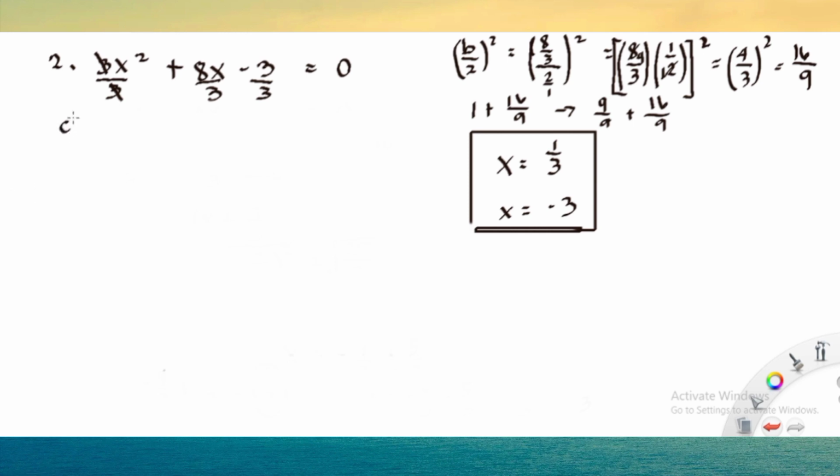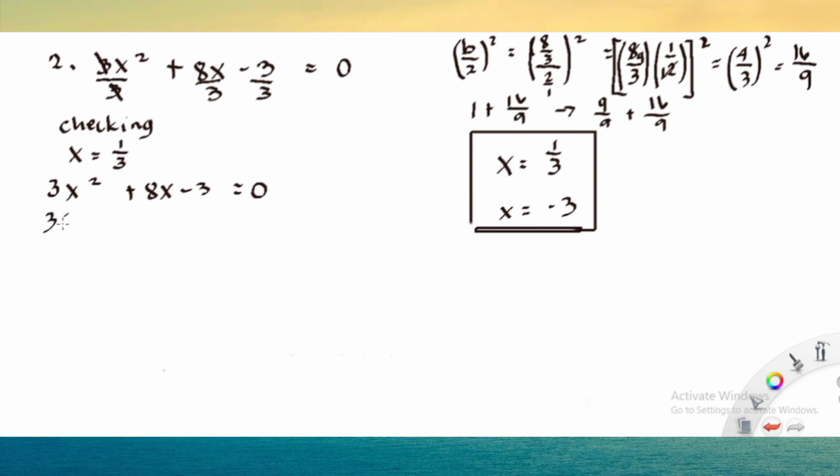So, again, we will check if yung una muna, x equals 1/3 is correct. So, again, copy natin yung original given natin. The original given is 3x squared plus 8x minus 3 equals 0. Substitute 1/3 to x.